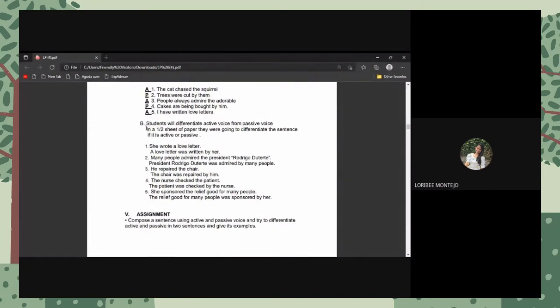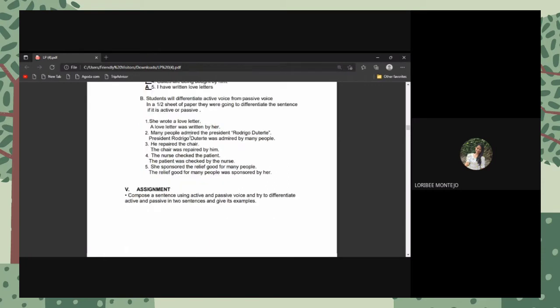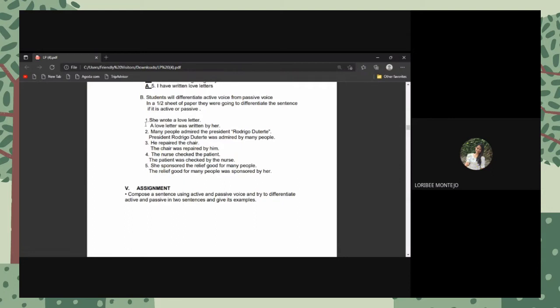While in my letter V assessment, the students will differentiate active voice from passive voice on a one-fourth sheet of paper. They are going to differentiate the sentence if it is active or passive voice. So here, I also provided some questions and the answers.